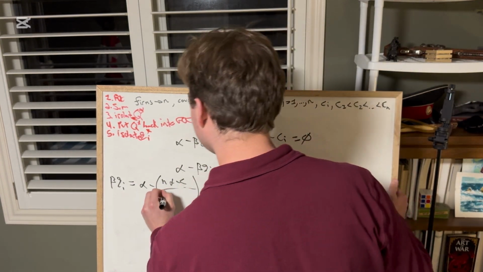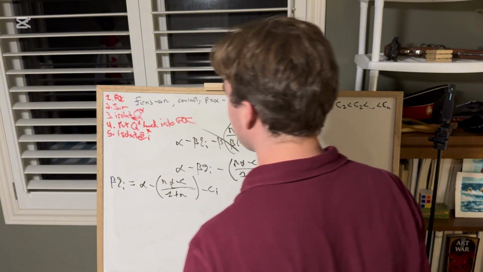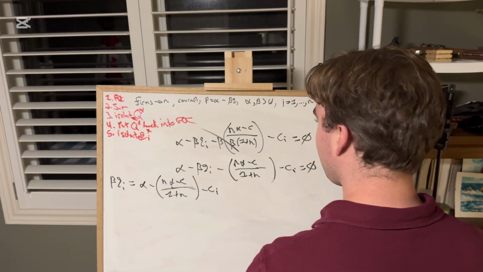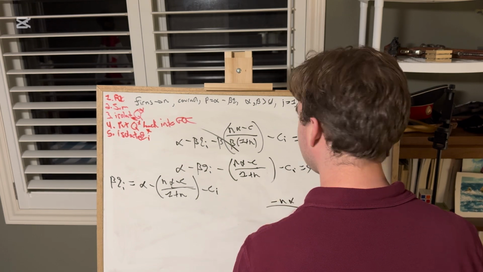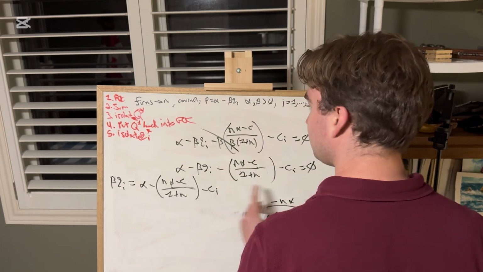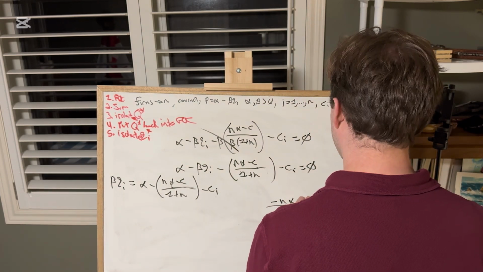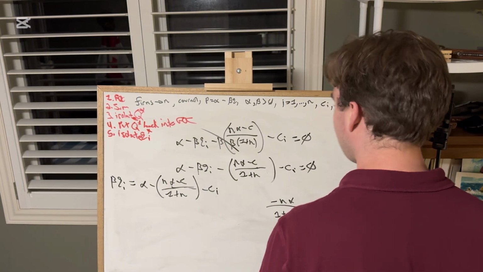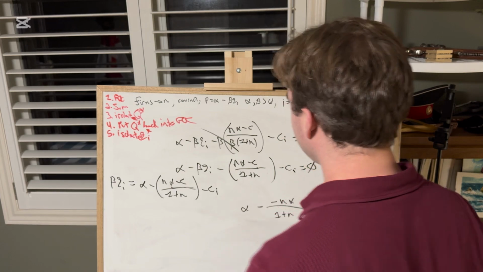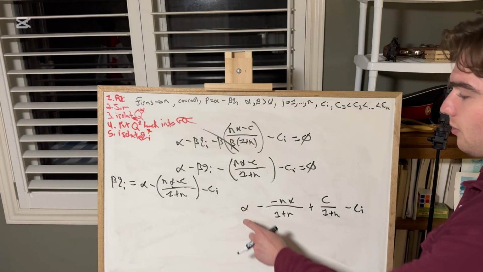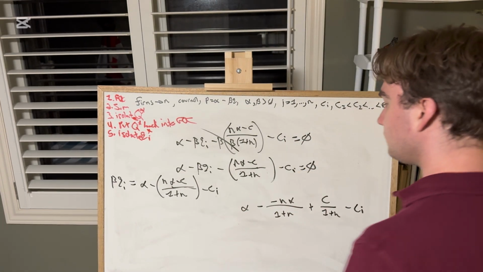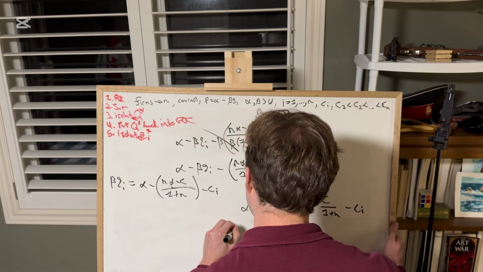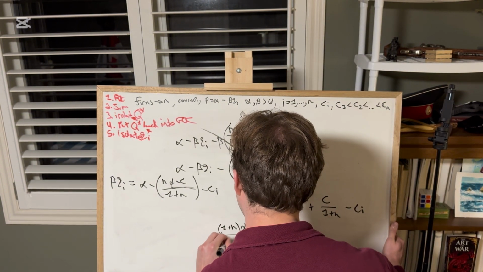1 plus n, 1 plus n. So this gives less n alpha over 1 plus n. And this is plus c, 1 plus n, plus ci, less alpha. And what we're going to do is multiply this on the bottom and the top by 1 plus n. So this gives 1 plus n times alpha over 1 plus n.